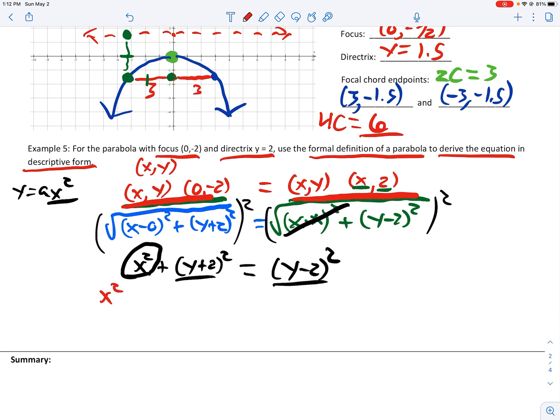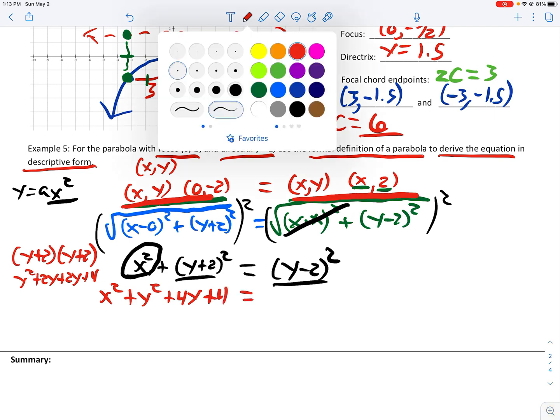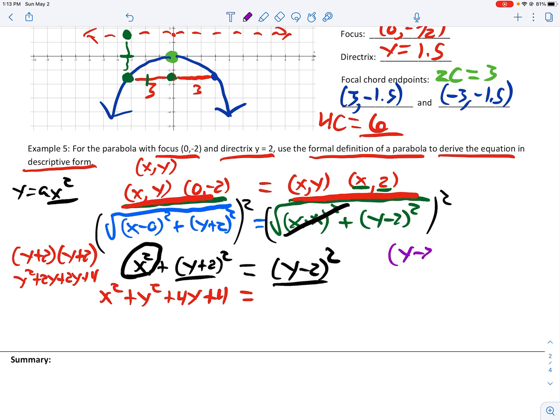So y plus 2 squared, right? Y plus 2, y plus 2. So this would be y squared plus 2y plus 2y plus 4, so plus 4y plus 4. And then y minus 2 squared, right? Y minus 2, y minus 2.